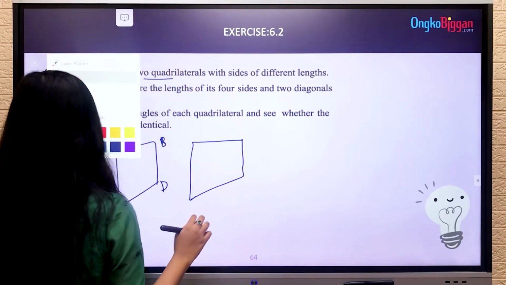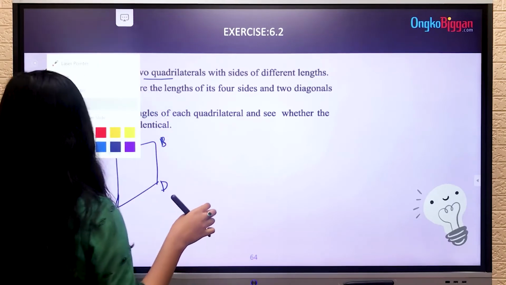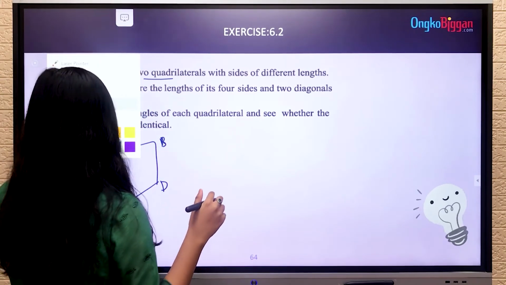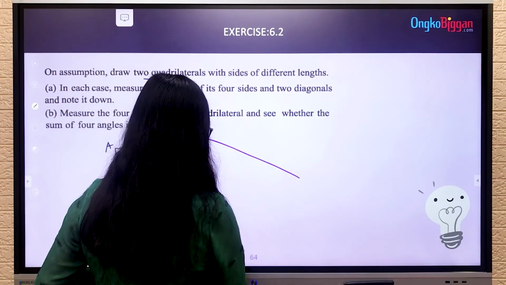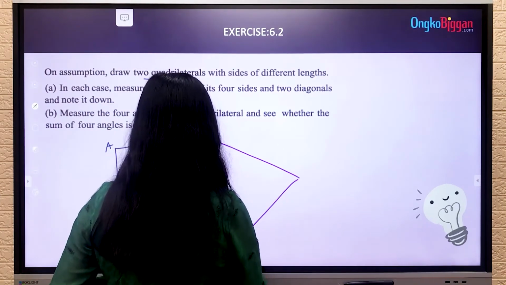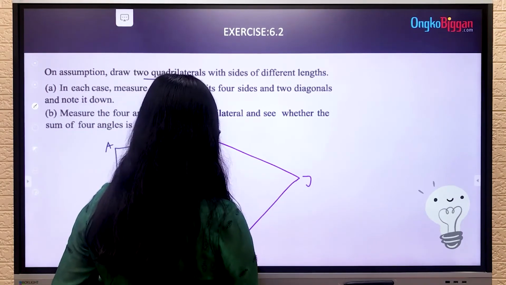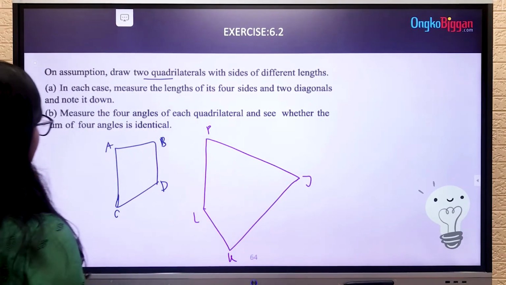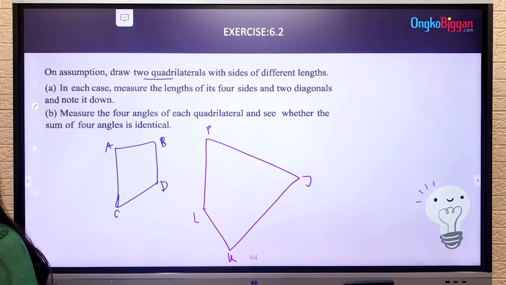Okay, let's draw a bit differently. What I have to do is, in each case, measure the length of its 4 sides and 2 diagonals.